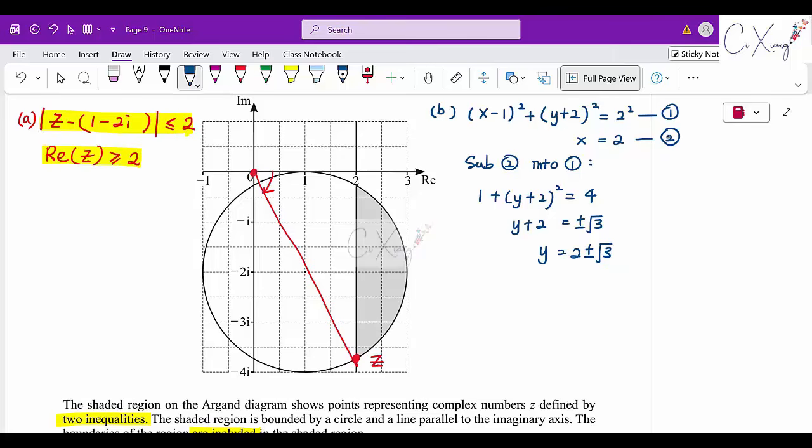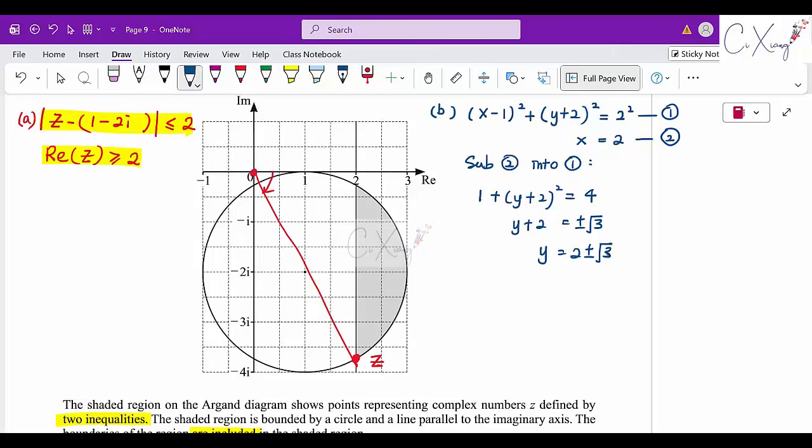So you're having two coordinates for y. One is 2 plus root 3, one is 2 minus root 3. Then you need to decide yourself which one you think is the correct answer. So which one is the correct answer here?